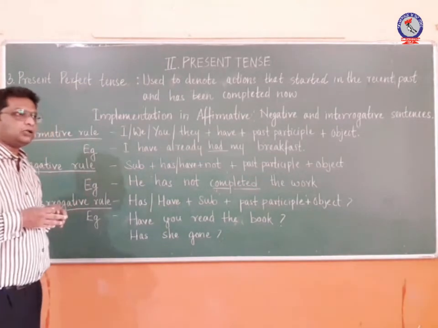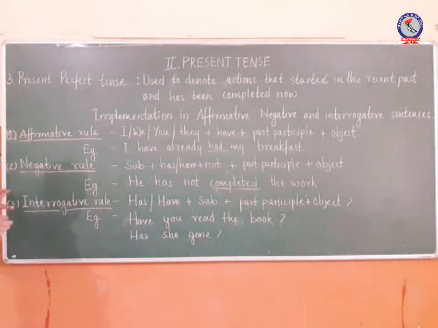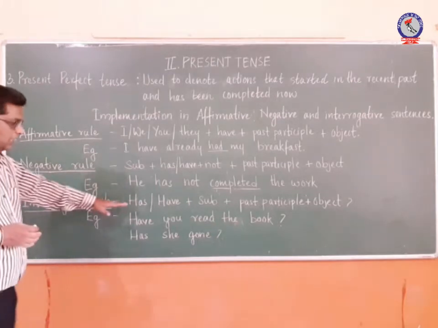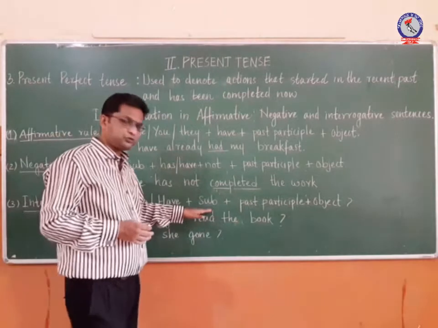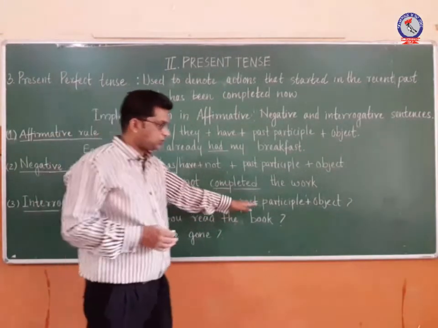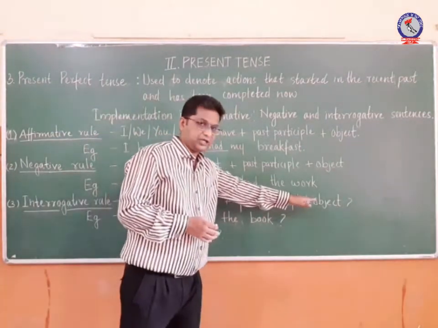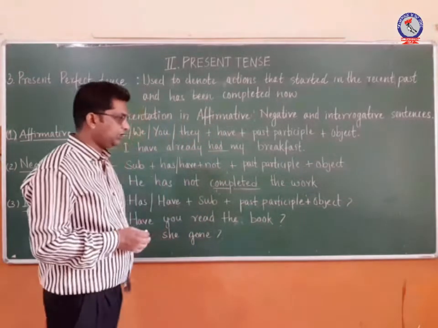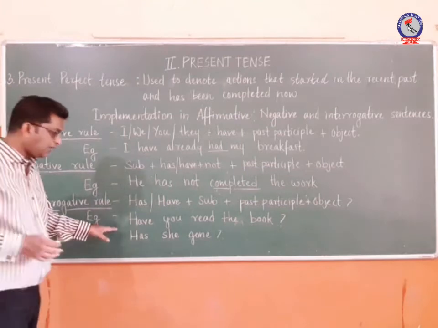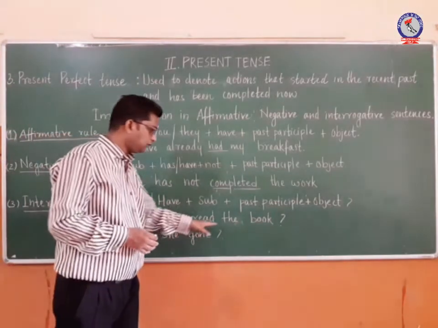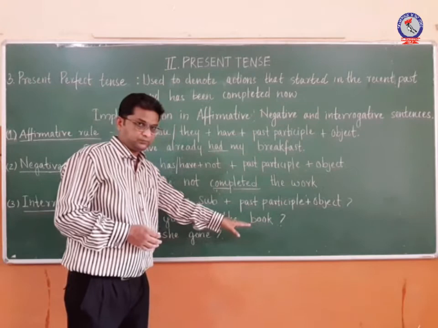Now let's see the interrogative rule. The interrogative rule is has or have plus subject plus past participle plus object and finally a question mark. Let us see the examples.